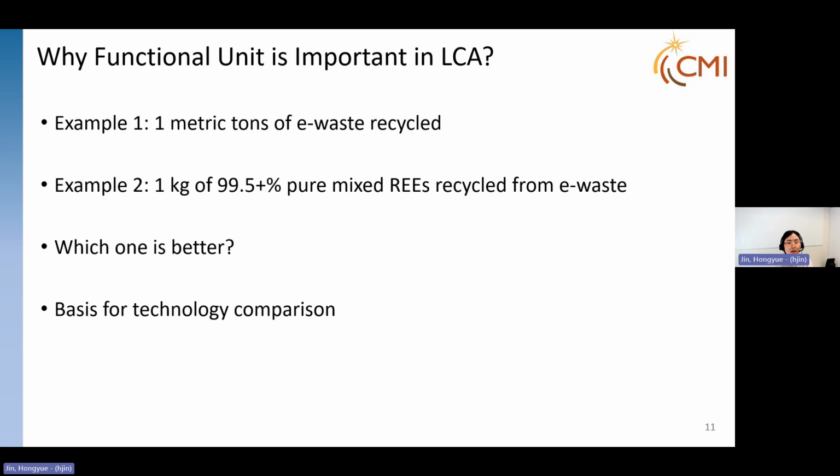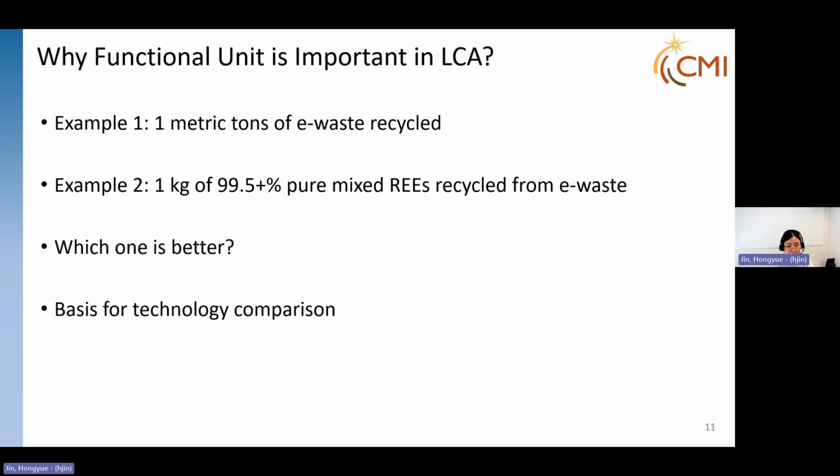By showing example 2, the purity, output form, and the number, it will help readers to understand the efficiency of the product and the function of the product recycled into rare earth elements. So example 2 is better.